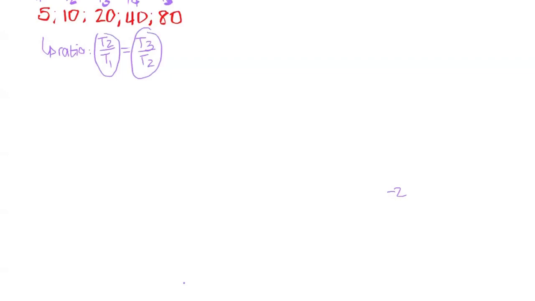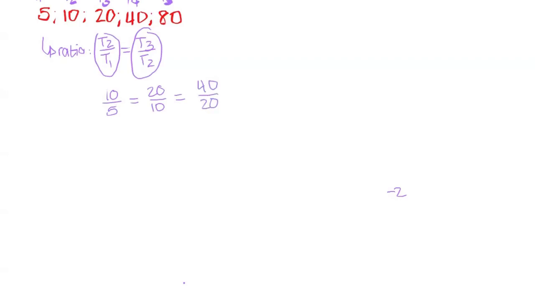So we can test this by using our number pattern. We've got 10 over 5 is equal to 20 over 10, right? Is equal to 40 over 20. And what will that give you? It'll give you 2 every time.